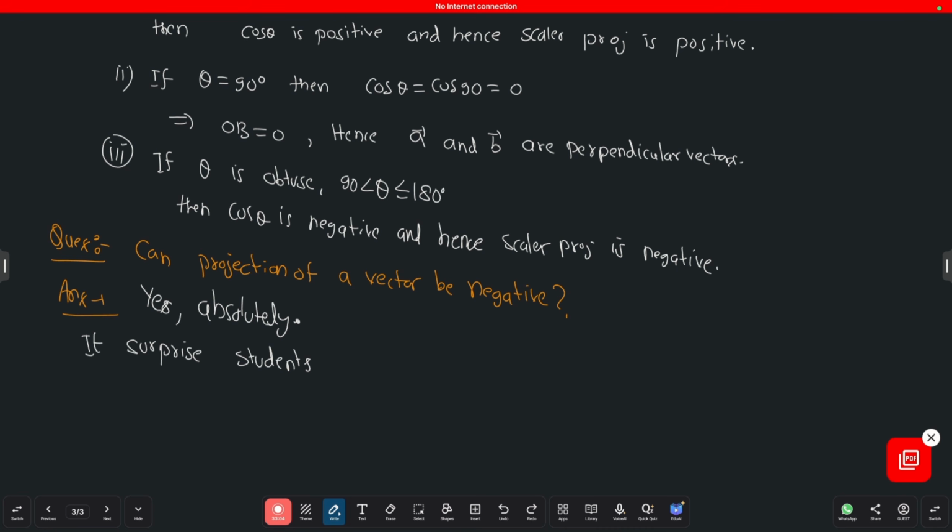So scalar projection being negative simply means that the direction of the projection vector is just opposite. It surprised students that scalar projection is like a shadow, a length, and they are positive.